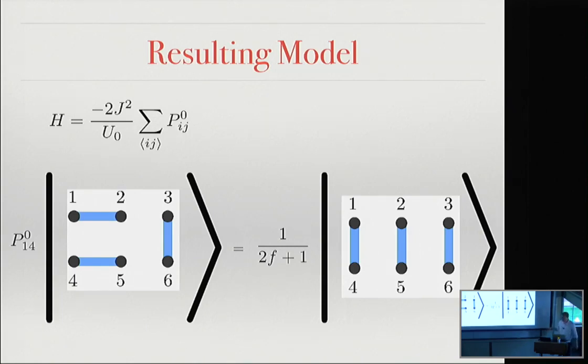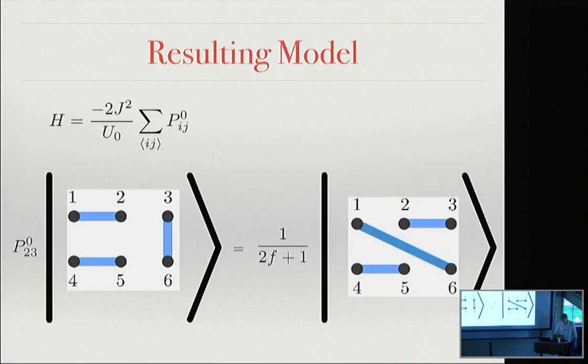We actually get something a little bit different if I think about what happens if I work on this bond here at 2, 3. By the same argument, I'm going to end up with a singlet on 2, 3, and a singlet between these other ends. So even though the Hamiltonian only has nearest neighbor projectors, I end up with longer range singlet bonds. But the space of all the different patterns I can write down like this, including long range ones, is closed under this Hamiltonian.